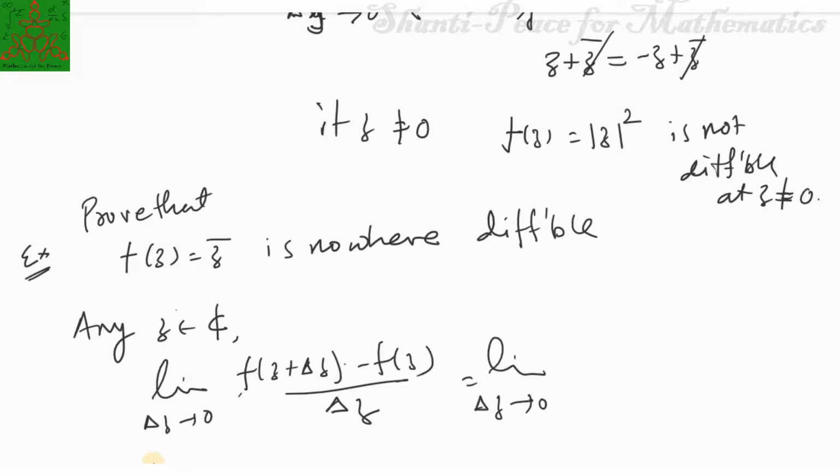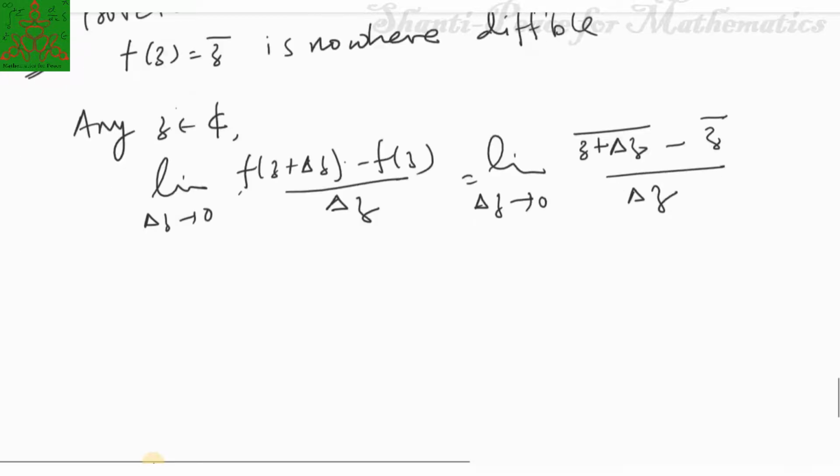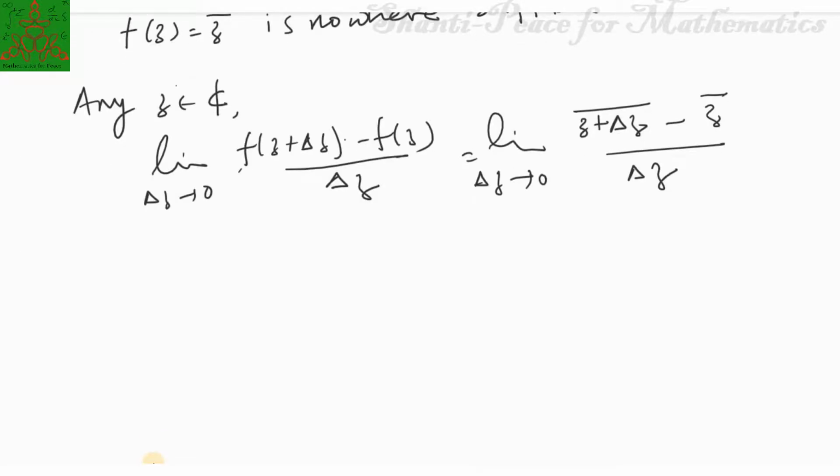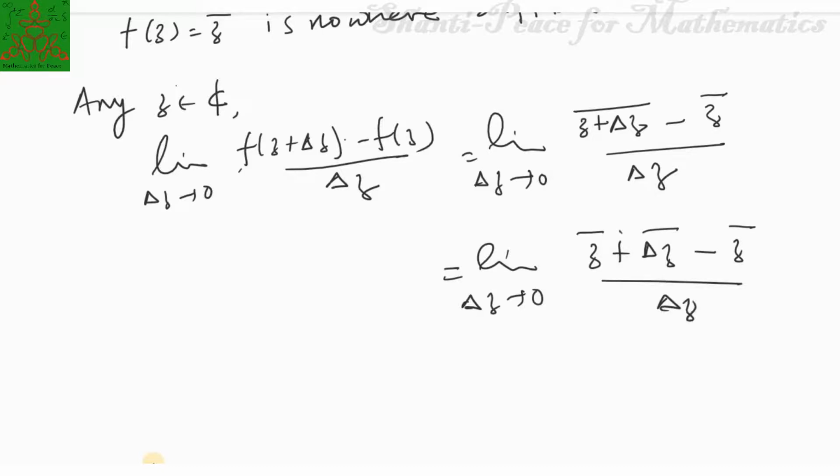You know that f of z plus delta z can be written as z plus delta z bar, and as I have explained, z1 plus z2 bar is z1 bar plus z2 bar, so this is z bar plus delta z bar minus z bar upon delta z. Z bar will get cancelled, so you will have the limit as delta z tends to 0 of delta z bar upon delta z.